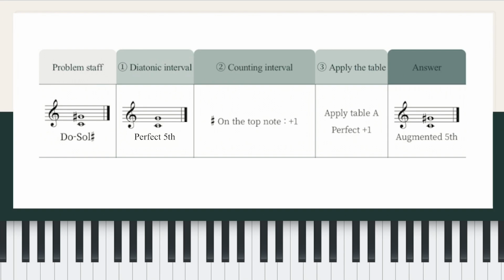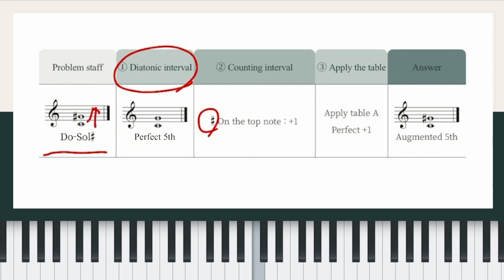How to define do to sol sharp? First, you find the diatonic interval, which is do and sol. It's a perfect fifth. And count the interval: the sharp on the top note sol means it's expanded, right?